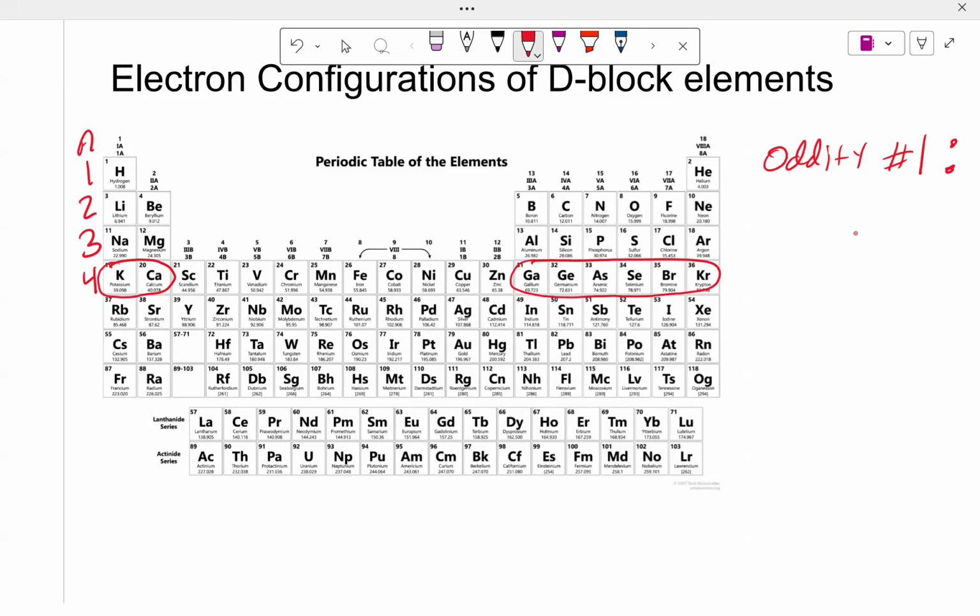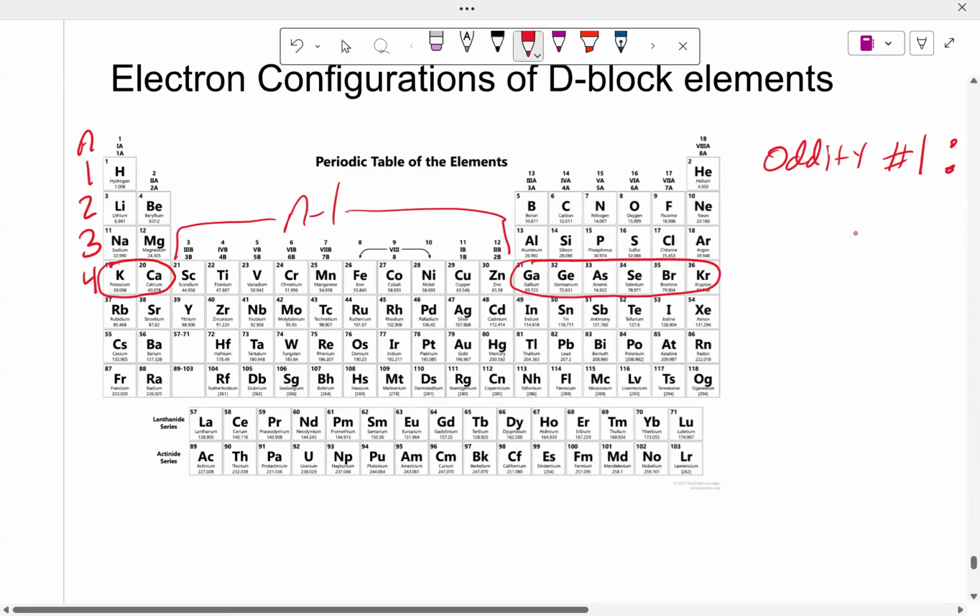But when we get to the D block, it's going to be n minus 1. Put it like this, n minus 1 for our D block. And so this first row of D block would be the 3D elements. And then this would be 4D and 5D and so on.